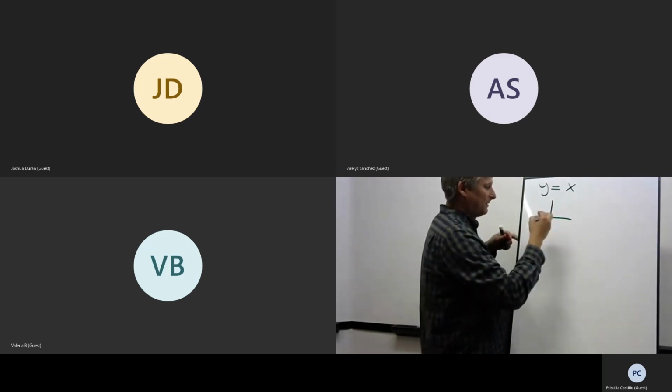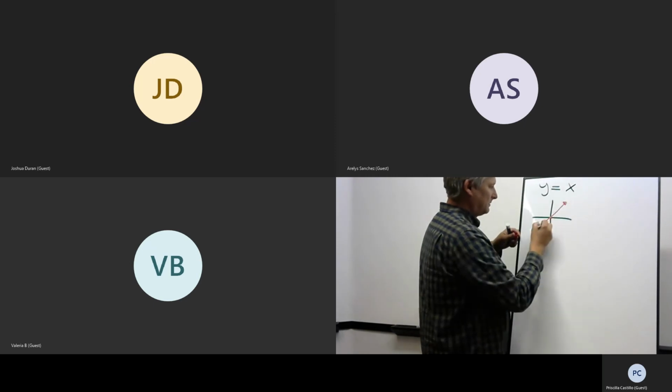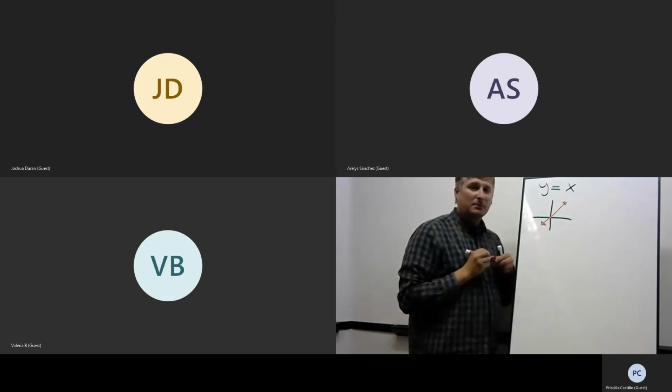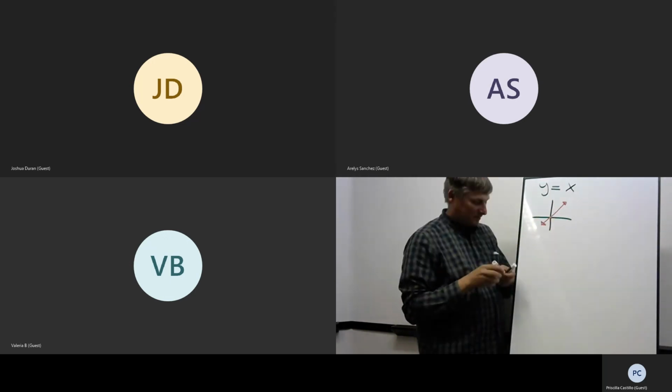Y equals x. And it's this line. Comes out at a 45-degree angle, 45 degrees to the x-axis.